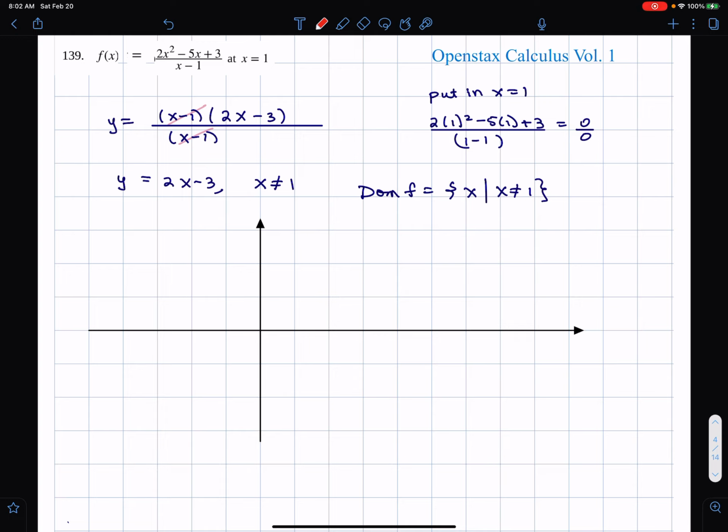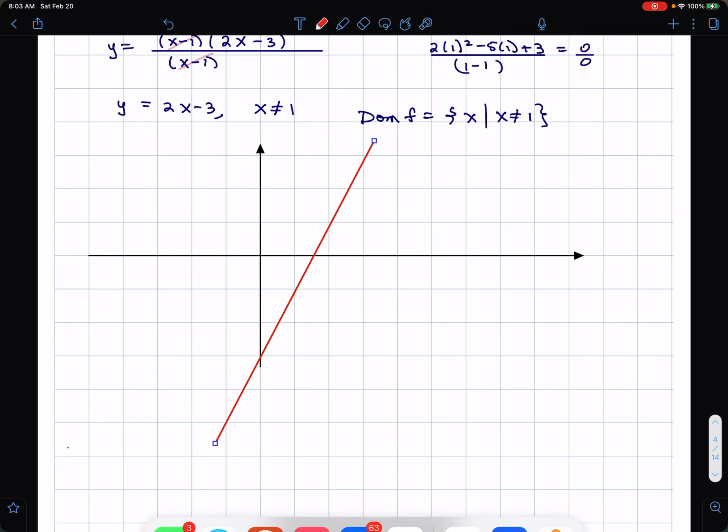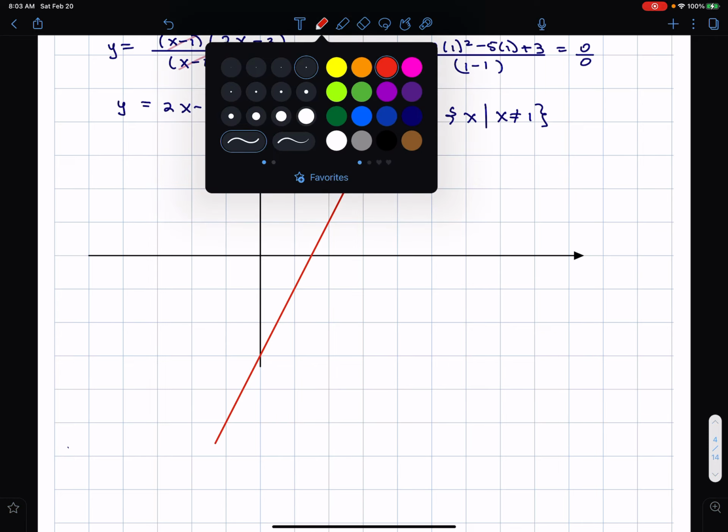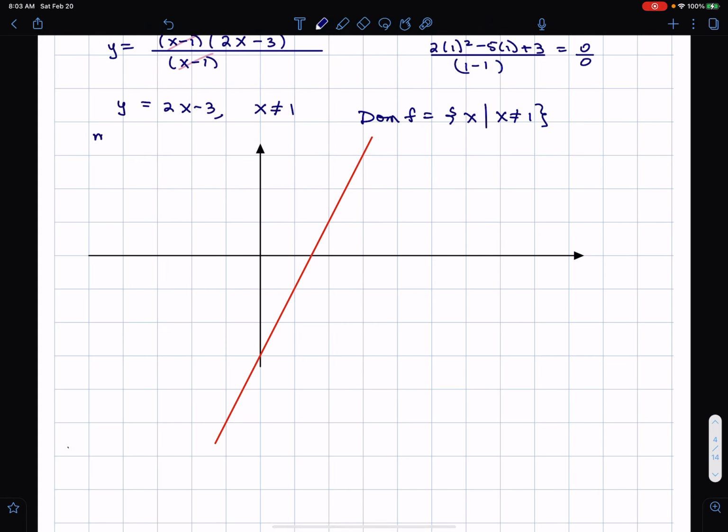The y-intercept is negative 3 and the slope is 2. Sometimes I get too confident and, oh my gosh, let's see, is this correct? Yeah, I'd say so. So I have m equal to 2, b equal to negative 3.